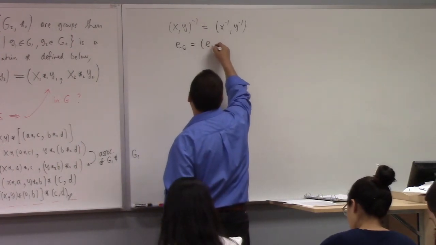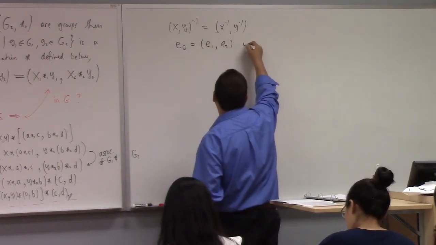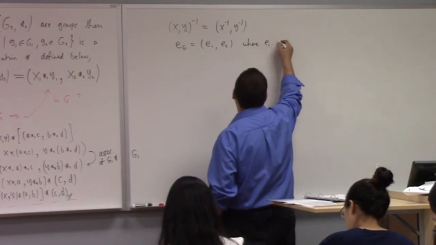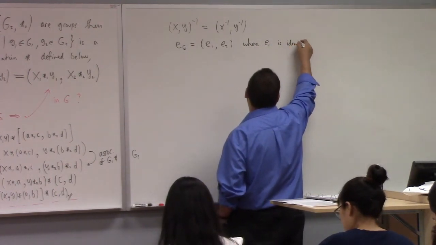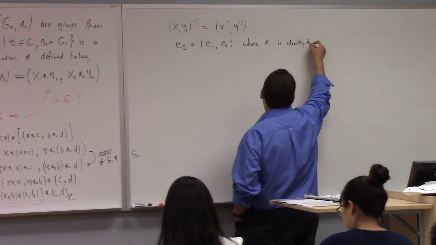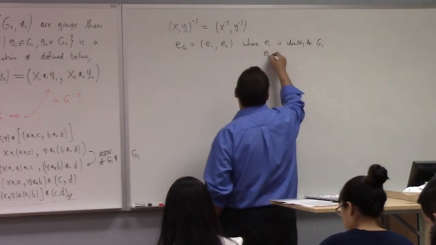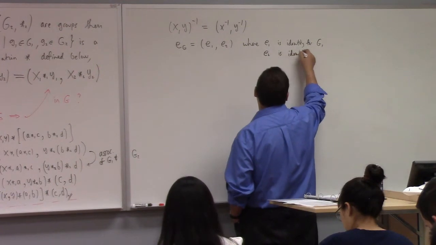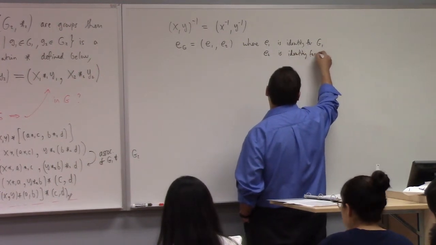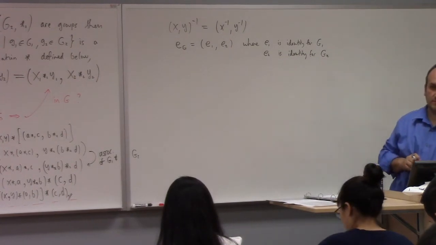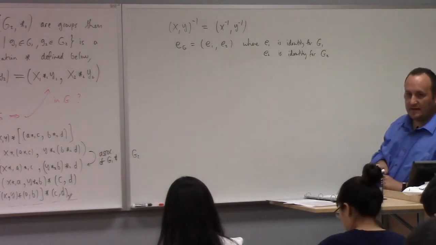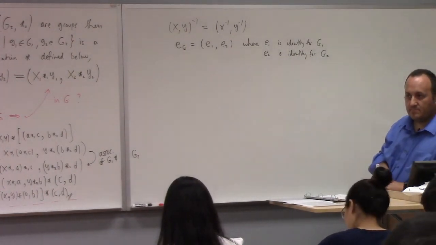It's going to be (e1, e2), where e1 is the identity for G1 and e2 is the identity for G2. And you can prove that that does in fact serve as the identity. All right?